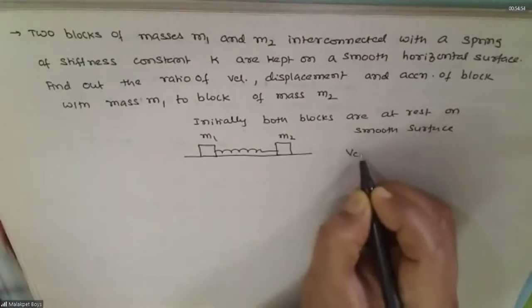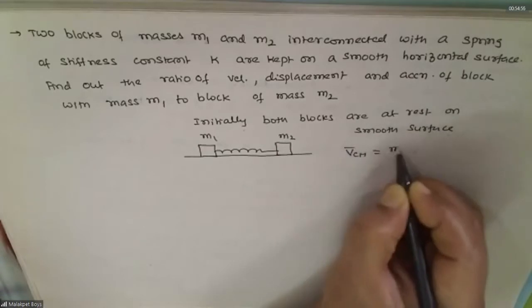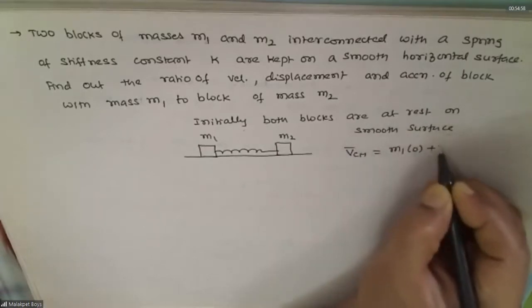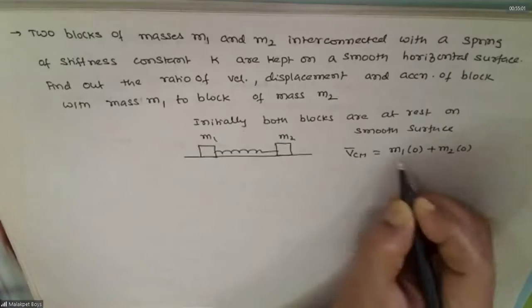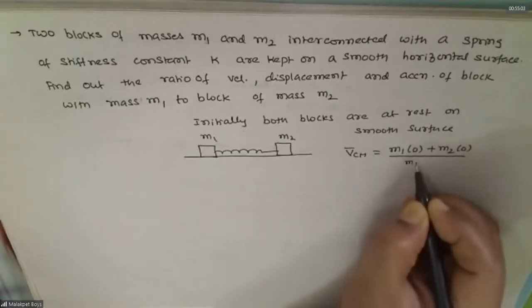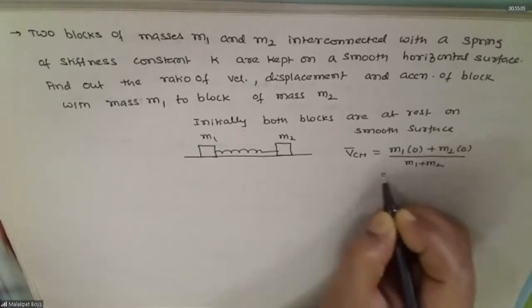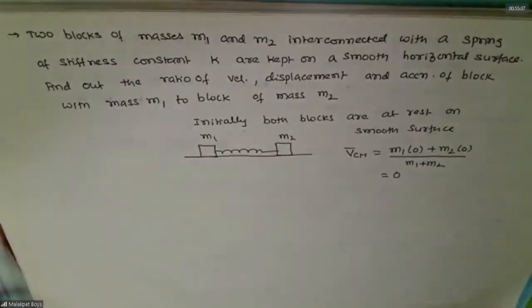So, what is the velocity of center of mass? Mass is 0, by M1 plus M2. 0. Do you agree with this? Is it clear?